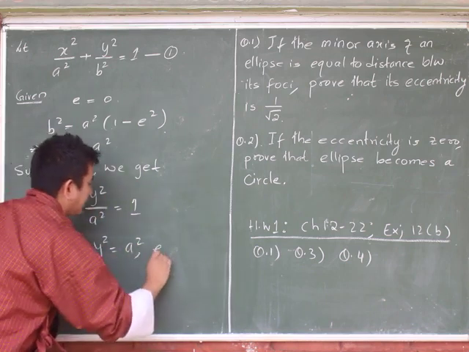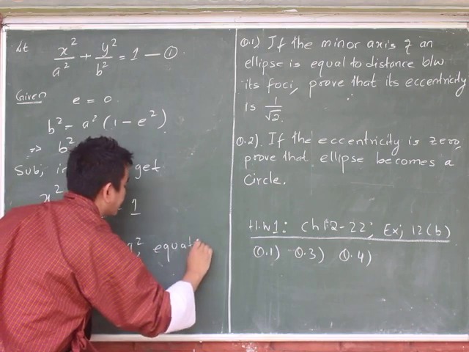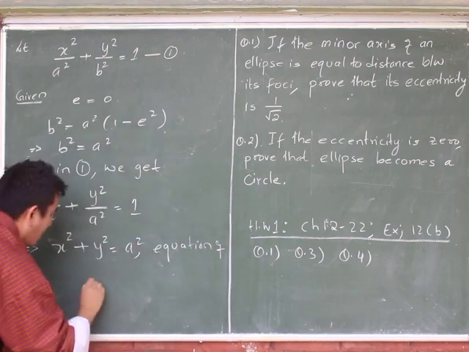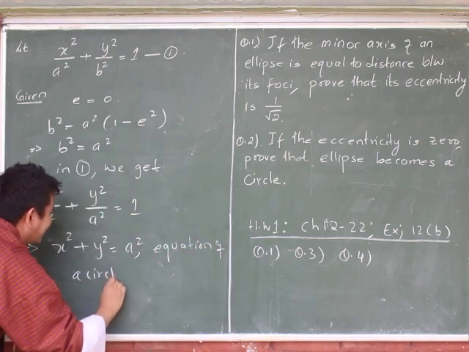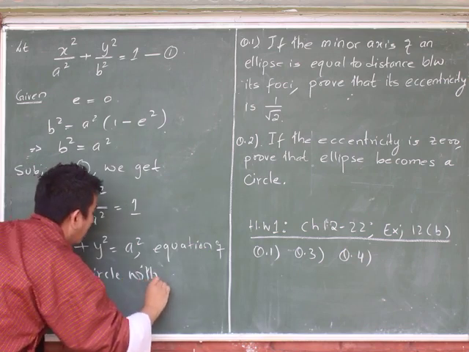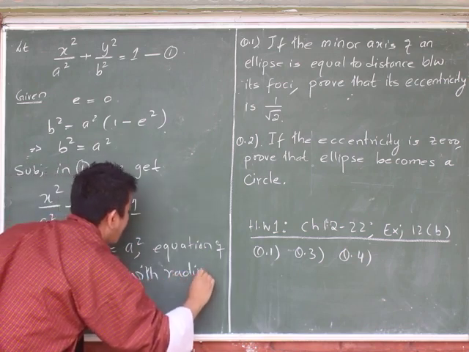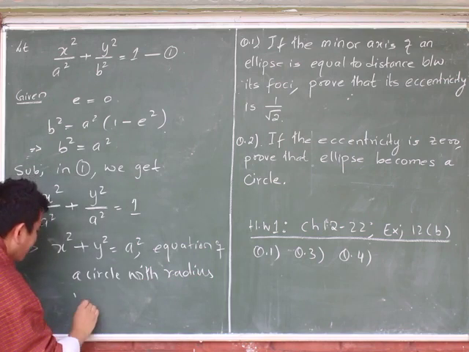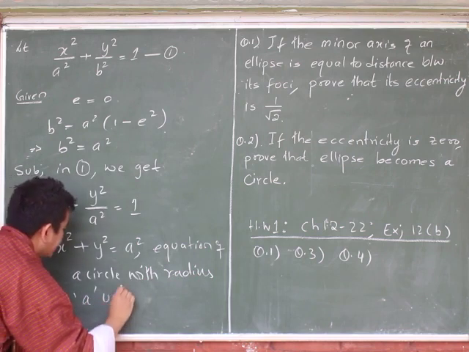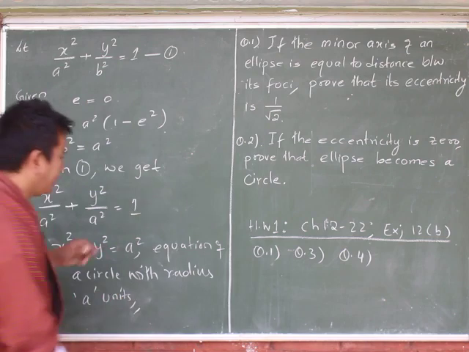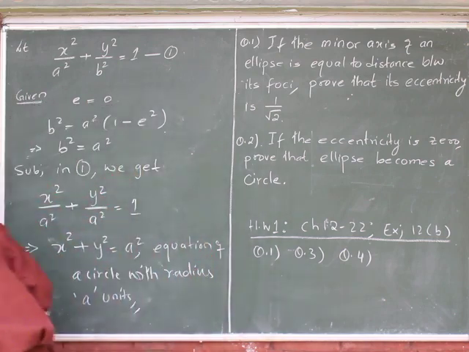This becomes the equation of a circle with a radius of a units. Right? So if I draw the circle, it will look like this.